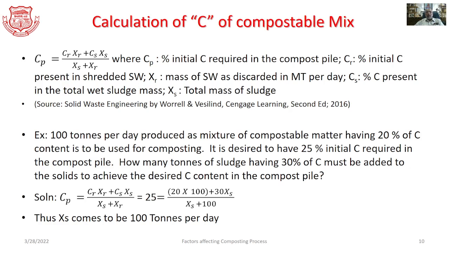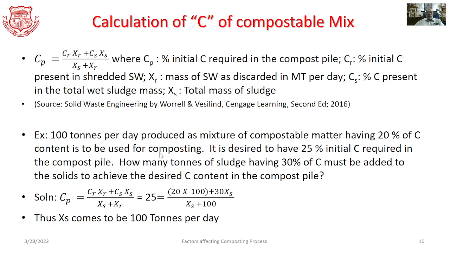The Cr is the percentage initial C present in the shredded solid waste. This Xr is the mass of solid waste as discarded in metric tons per day. Cs is the percentage C present in the total wet sludge to be added, and Xs is the total mass of the sludge.